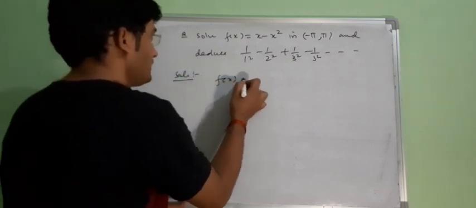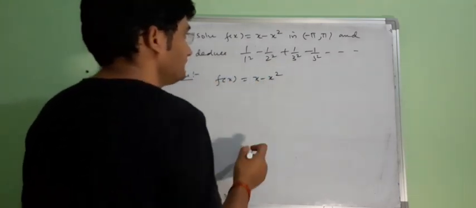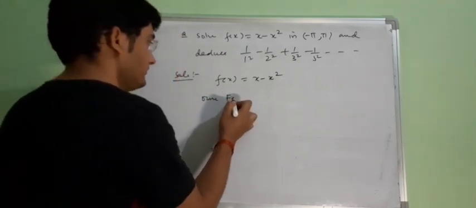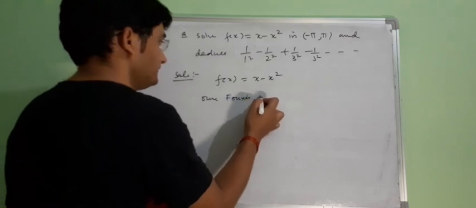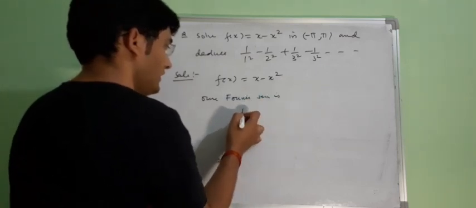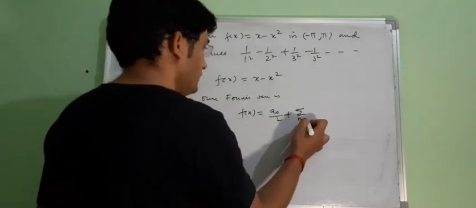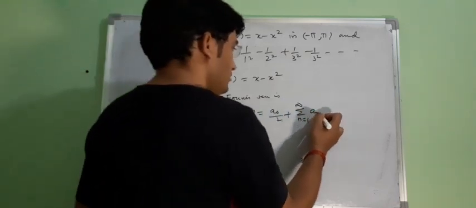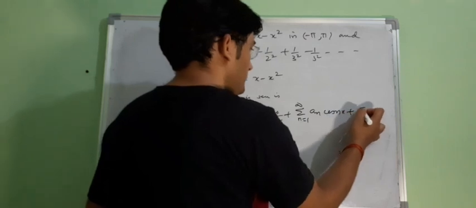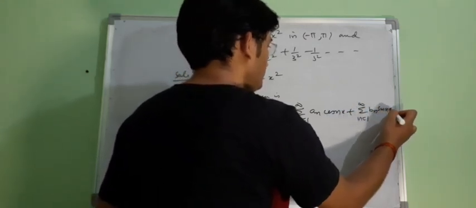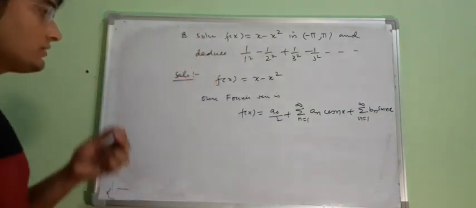f(x) equal to x minus x square. So our Fourier series is f(x) equal to a0 upon 2 plus summation n equal to 1 to infinity an cos nx plus summation n equal to 1 to infinity bn sin nx. This is our Fourier series.